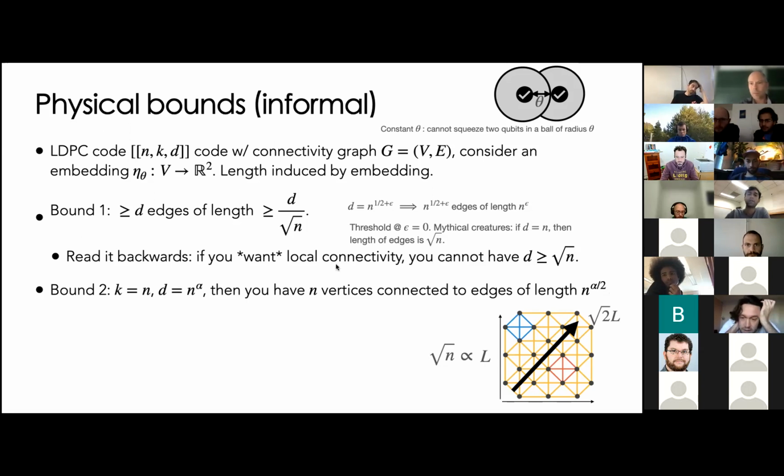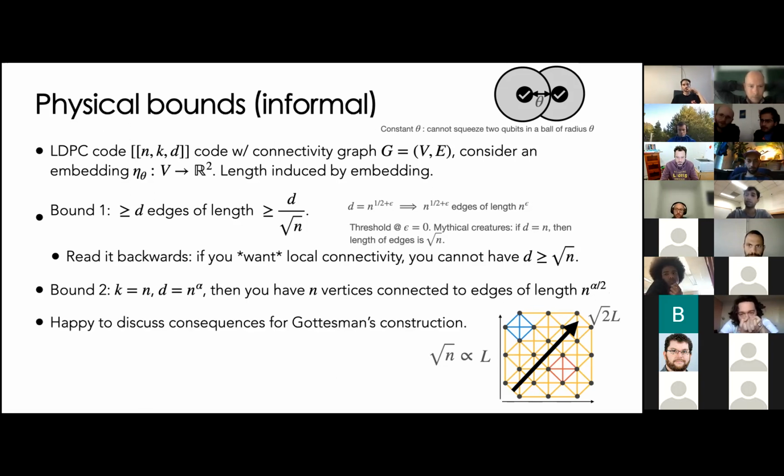Right? So what does this mean? It means that there's a lot of non-locality. It means some constant fraction of vertices. You can't get away with a little bit of non-locality. You have to have a constant fraction of vertices that are connected to edges of growing length. Again, if you were to let d equals n, this would say that the length of the edges is square root of n.